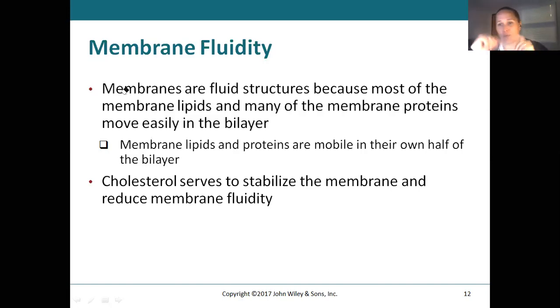It's very difficult for them to flip from one to the other. Some proteins can do that, but we won't talk about that specifically in this course. Something else to mention is that cholesterol stabilizes the membrane and reduces membrane fluidity. Different levels of cholesterol can alter the membrane's ability to be fluid.